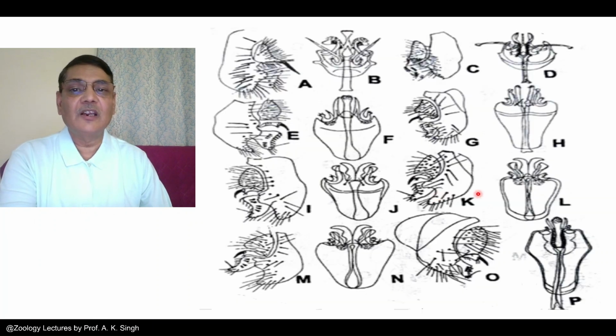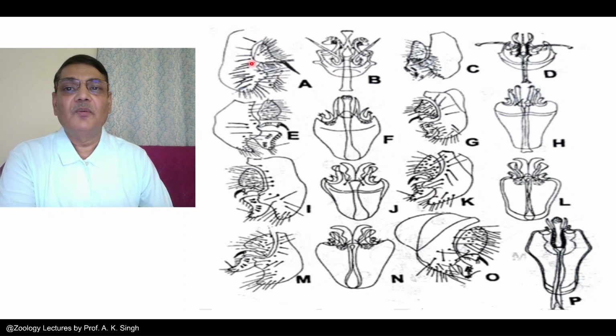Like here in this diagram, these left side structures are actually periphallic organs, and then these are phallic organs. So total 8 species, 1, 2, 3, 4, 5, 6, 7, 8 species of Drosophila. Their copulatory organs, phallic and periphallic organs, are shown here.